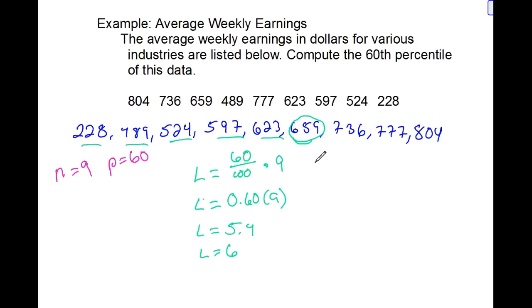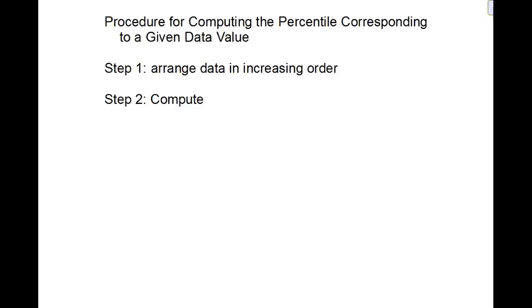Well, sometimes we're not given the percentile. Maybe we want to find the percentile based on our data. So how we do that is we first arrange the data in increasing order, like we always do, and then we compute the following.